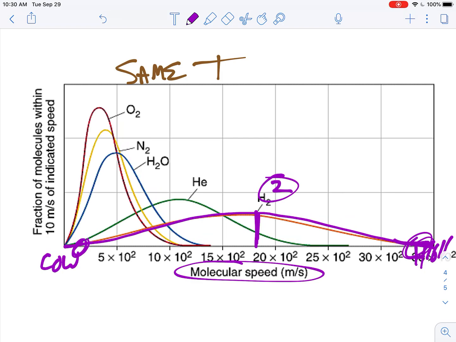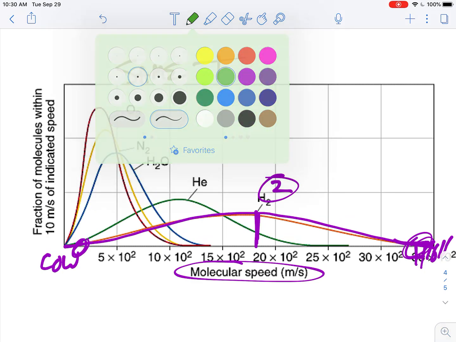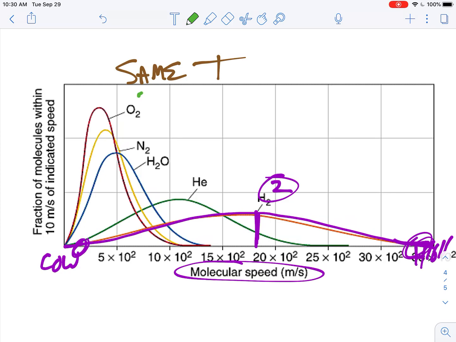Now compare that, if you would, to something like oxygen. Here is your oxygen that has a mass of 32, much heavier. So because oxygen is much heavier, you're still going to have some down here in the low, but the fast for oxygen, which is here, is not nearly going to be as fast as the hydrogen was over here because oxygen is so much heavier.